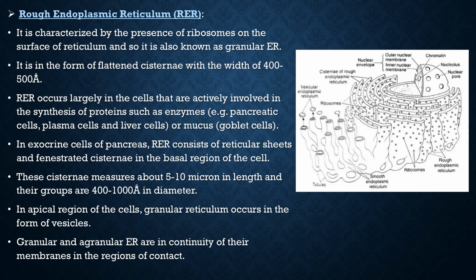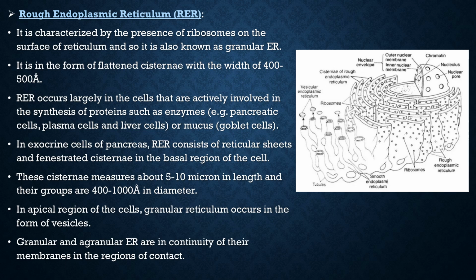or mucus. In exocrine cells of pancreas, rough endoplasmic reticulum consists of reticular sheets and fenestrated cisternae in the basal region of the cell. These cisternae measure about 5 to 10 micron in length, and their groups are 400 to 1000 angstrom in diameter.